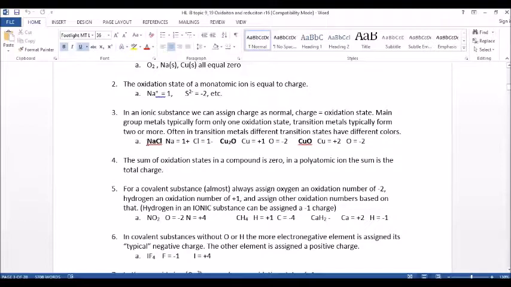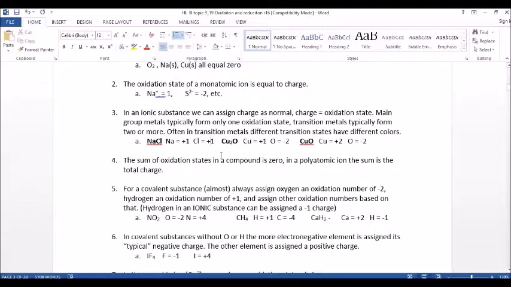So in NaCl, the oxidation state of Na is +1, and Cl is -1. By the way, this is a mistake, and I'm going to fix it right now. It might be changed in your workbook. IB has this picky thing where if they ask you to write down the oxidation state, you must put the charge first and then the number, not the other way around like it was there. So in the real edition of the workbook, that'll probably be changed.